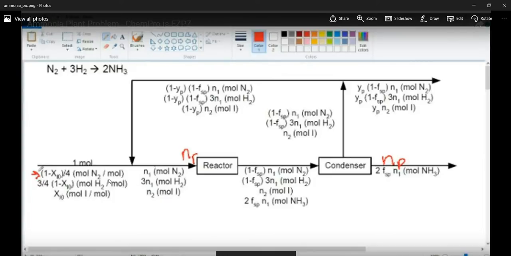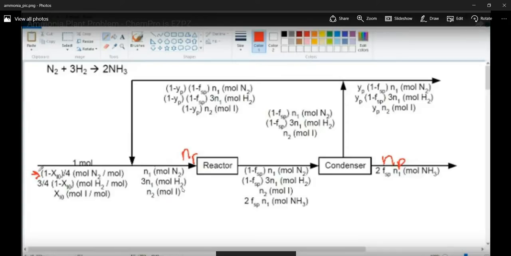So based off of these equations, we can do a mass balance equation right at this intersection, where the recycled stream and the fresh feed meet and they combine into this value.